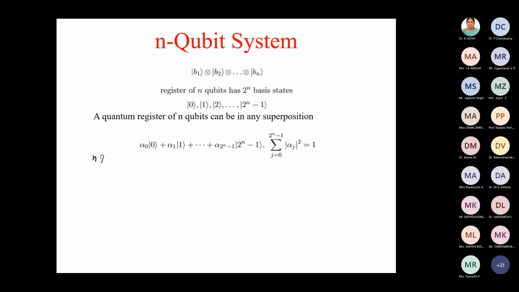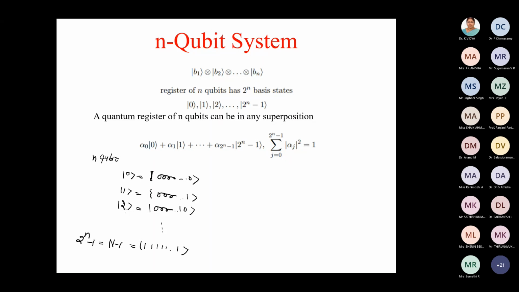For n qubits, there will be basis states: 0, 0, 0, n times, then 1 is the binary equivalent of 1, then 1, 0 for 2, and so on up to N minus 1, that is 2 power n minus 1, where what I get is 1, 1, 1, all 1s.